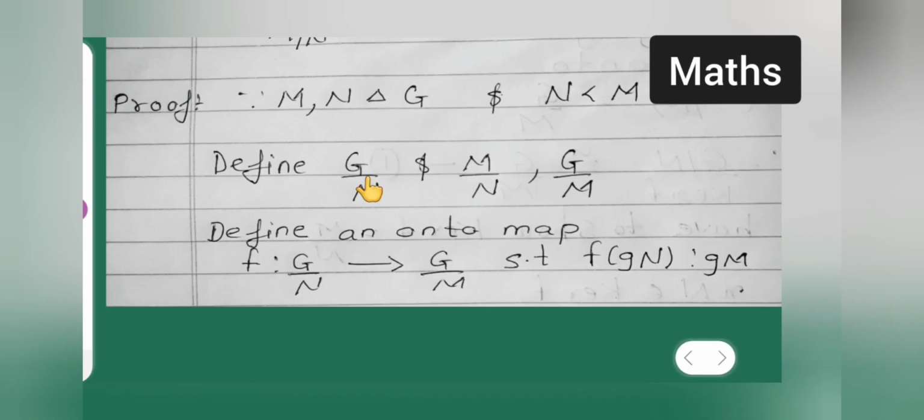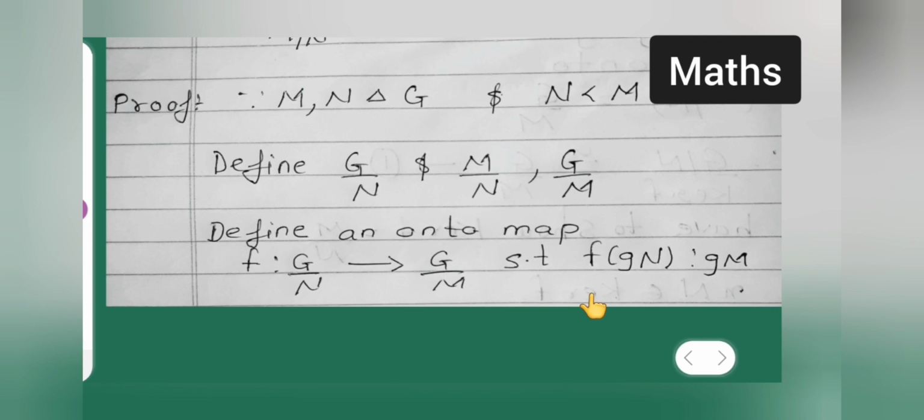So let me start with the proof. Now since M and N are normal in G and N is a subgroup of M, we are going to define G upon N and M upon N, G upon M. So what we have to do now is define an onto map f from G upon N to G upon M such that f of gN is gM.